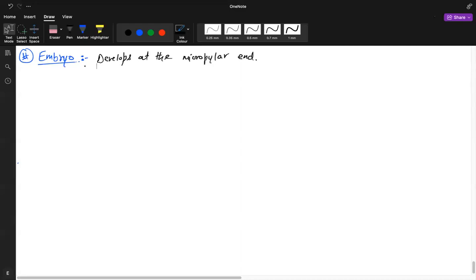But let's say there is one cell which is the zygote and one cell which is the primary endosperm cell. The primary endosperm cell will start dividing first and the zygote will stay as it is. When the primary endosperm cell has divided enough to form, let's say, 500, 1000 cells, it has become a tissue now, then the zygote will start dividing, because during division, it will need energy, nutrition.